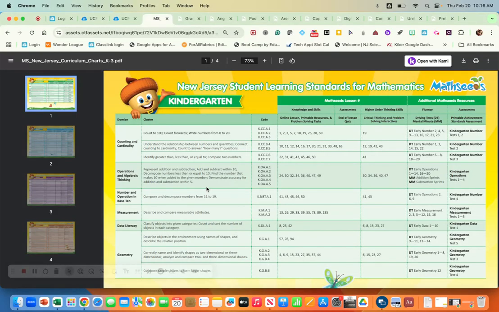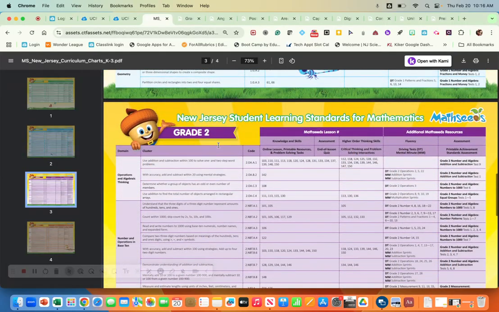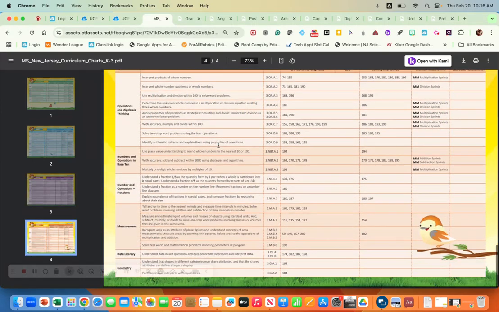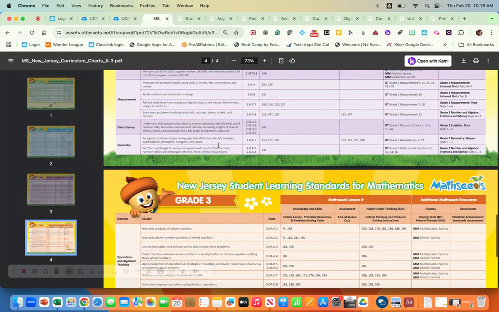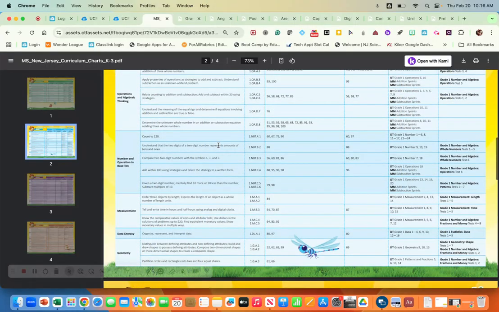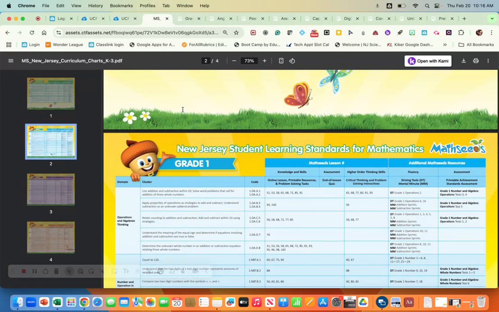So you're able to, this is new, you're able to look at your standards for kindergarten, for 1st grade and 2nd grade, even grade 3, so that you can get a little bit more information when you're looking at your standards report to see specifically what the students are required or supposed to have understanding of within these specific domains.